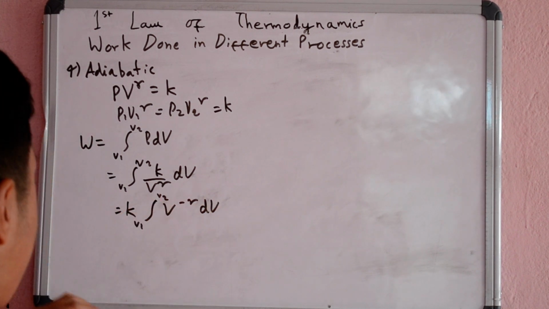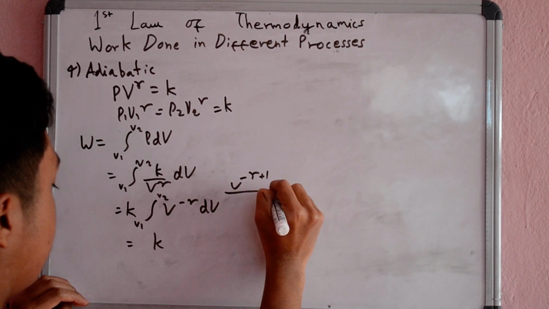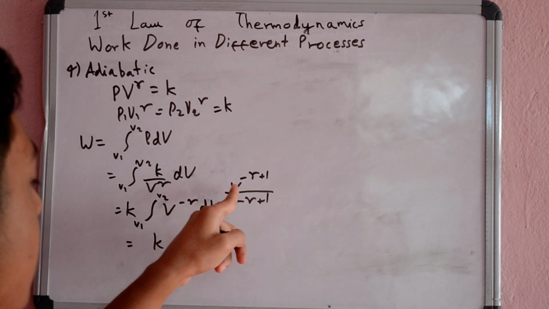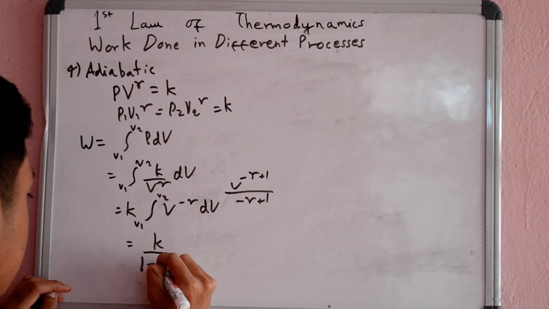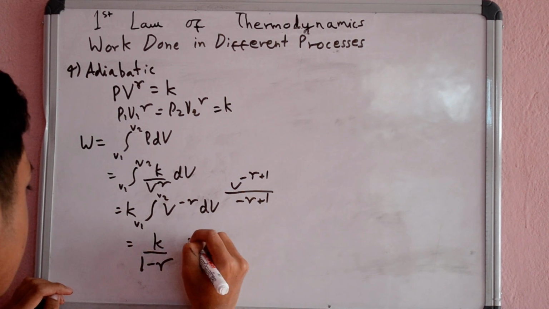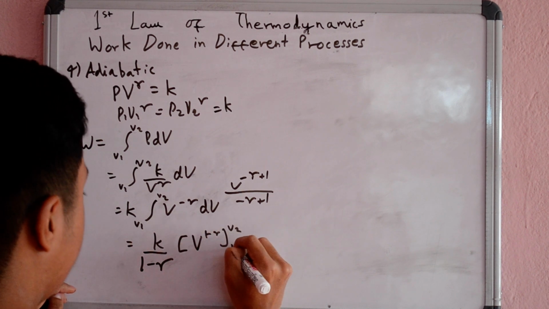Now we can simply use the power rule, which gives V to the power minus gamma plus 1, divided by minus gamma plus 1. I'll write it as 1 minus gamma, with V to the power 1 minus gamma going from V1 to V2.